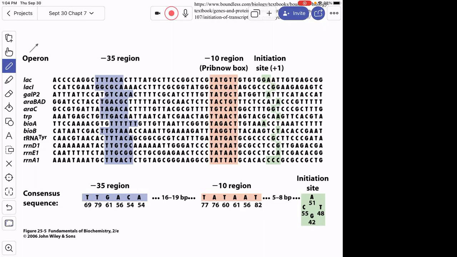So what all these letters are, these are nucleotide sequences of different promoter regions of operons. So remember, an operon is a group of genes under the control of a single promoter.